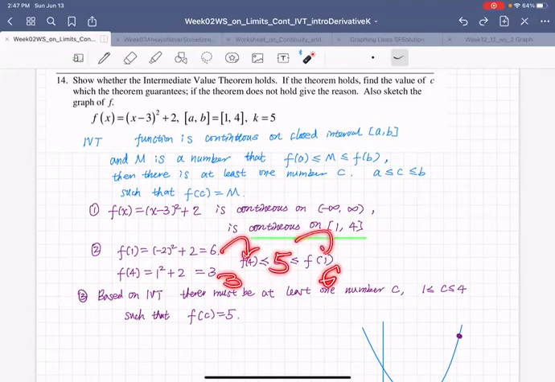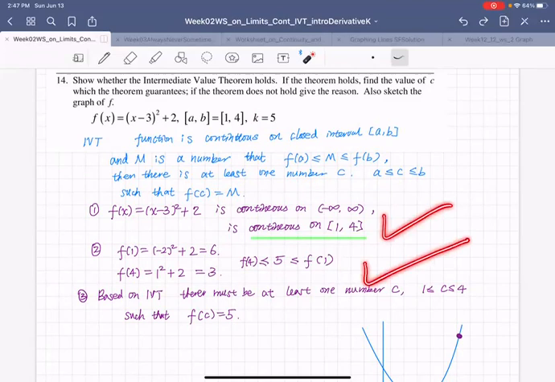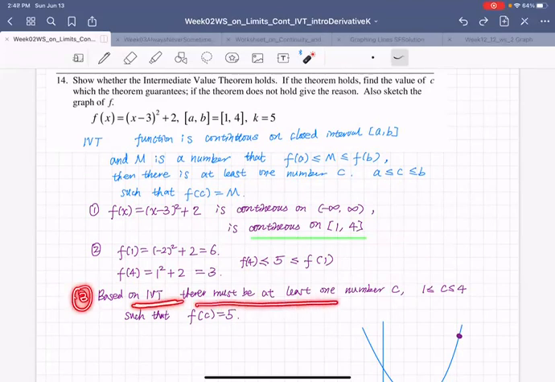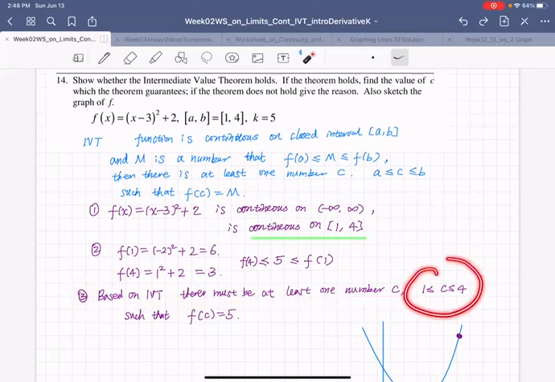You want to write down like that. After you finish these two steps, you say, number 3, based on IVT, there must be at least one number c which satisfies this, and f(c) equals 5.